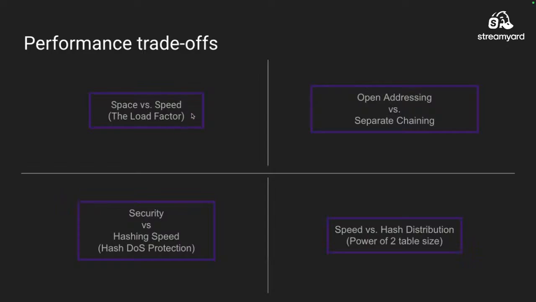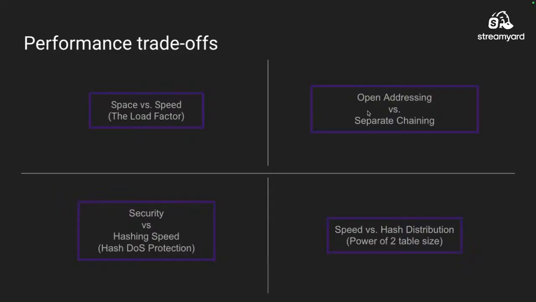When the load factor is high, like 90%, we will take a lot of time to find an empty index and add the entry there, or even to look up a value, which needs multiple hops. So we are getting speed at the cost of space.